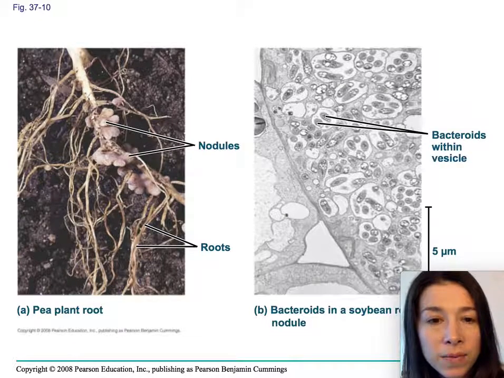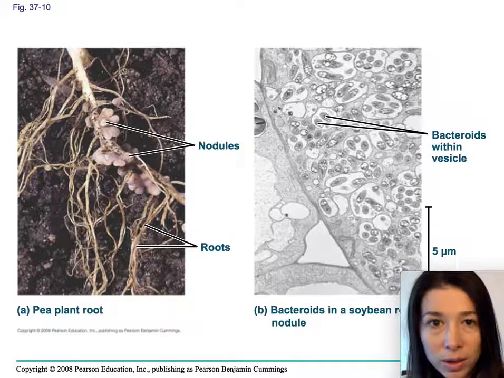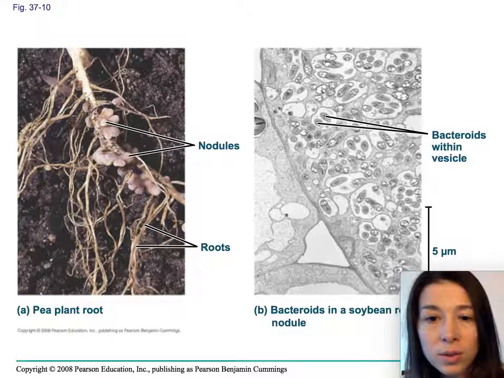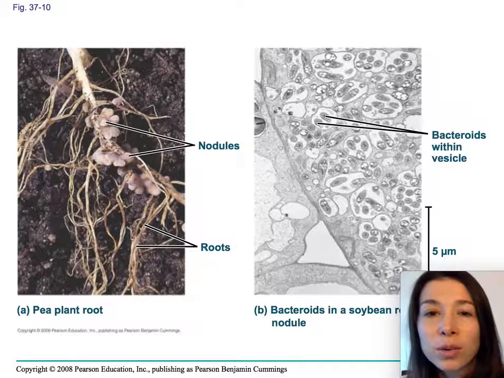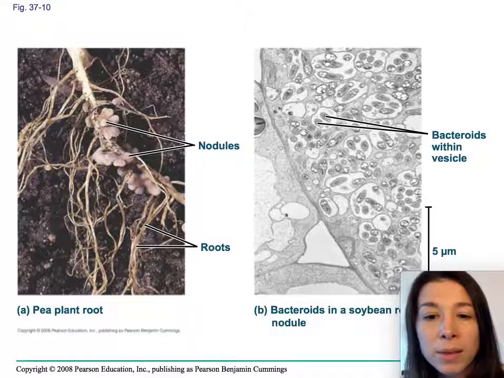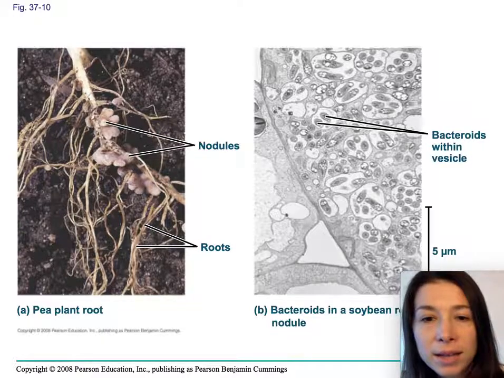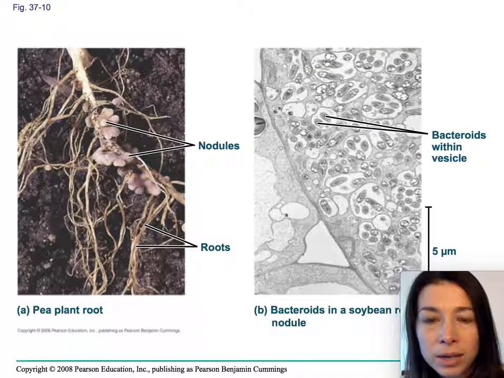So that's a photograph on the left of these rhizobium bacteria. When you think about the rhizosphere, which is that area around the root and that ecosystem that exists between bacteria and the plant roots, the bacteria we can call in this case rhizobium bacteria. And on the right here we have an electron microscope image.